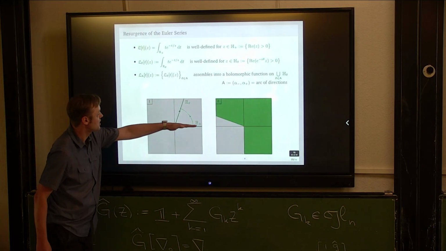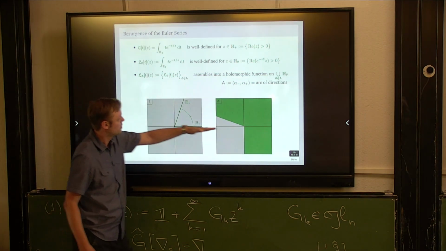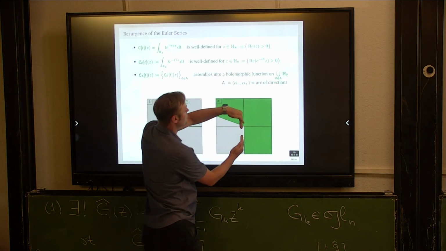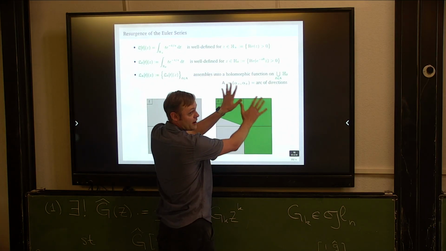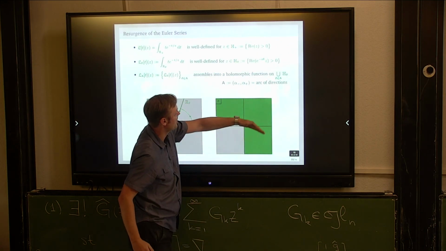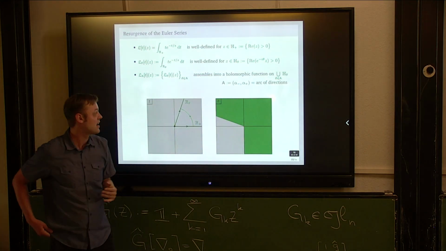Moreover, if I now start rotating this ray left and right, I'm going to define a holomorphic function by the same formula, but I'm going to fan out all these half planes, and therefore sweep out a big sector like this. So this is an example of analytic continuation.